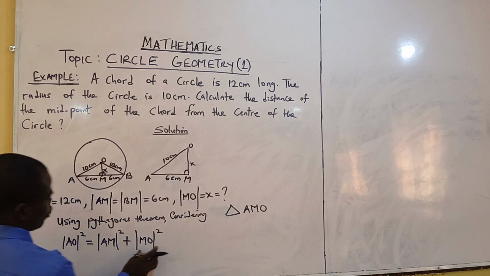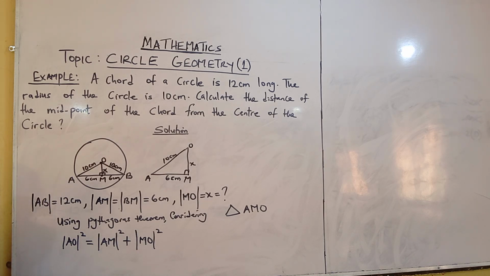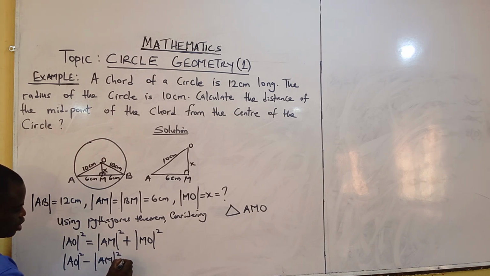Okay, what are we looking for? We're looking for MO squared. You now take AM squared to the other side: line AO squared minus line AM squared equals line MO squared. What's AO?